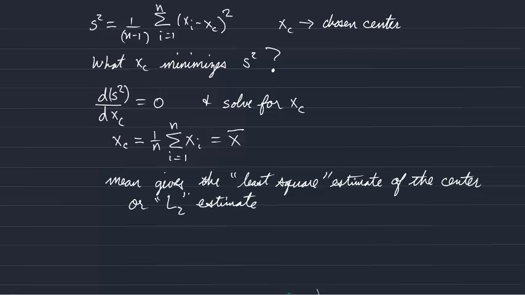That's the location that minimizes the squared deviation.